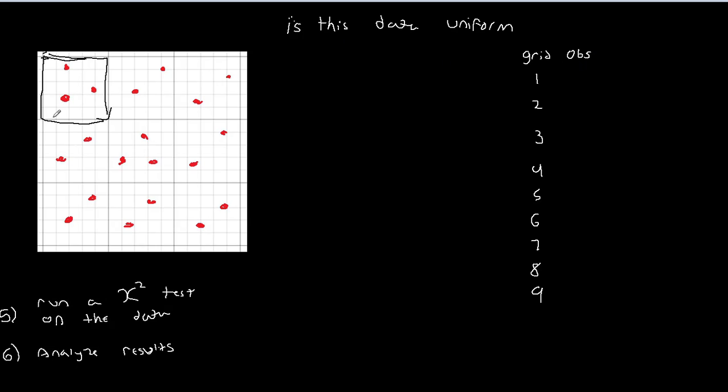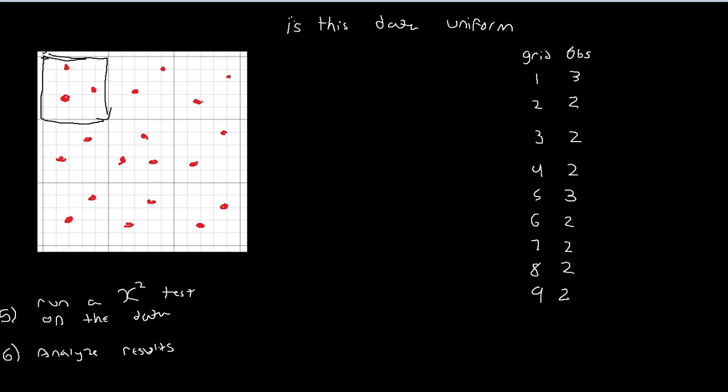In grid 1, we have 3 points, 1, 2, 3. We're just counting the number of points. So grid 1 has 3, grid 2 has 2, grid 3 has 2. Grid 4 has 2. Again, I'm simply counting the points. Grid 5 has 3. Grid 6 has 2. Grid 7 has 2. Grid 8 has 2. And grid 9 has 2.